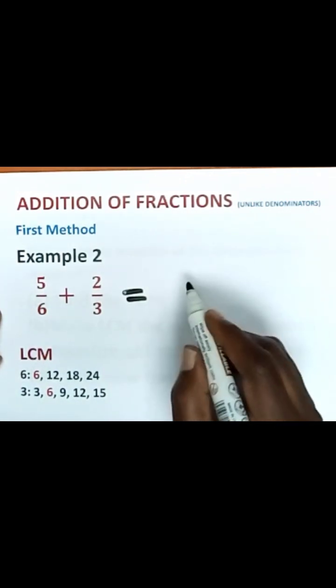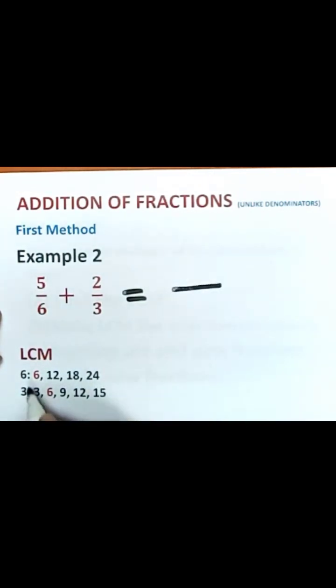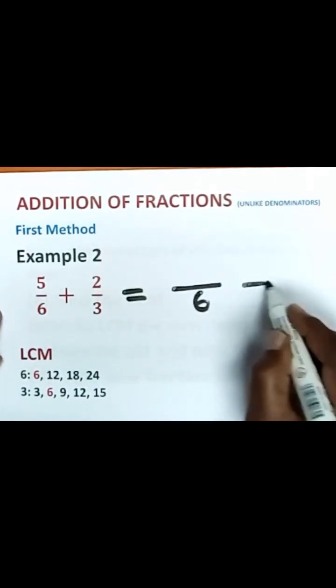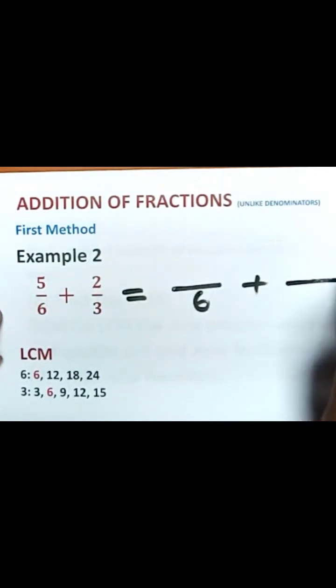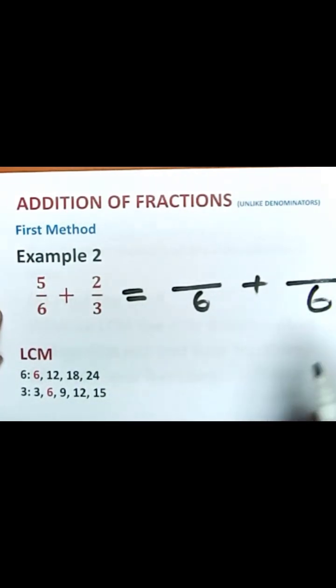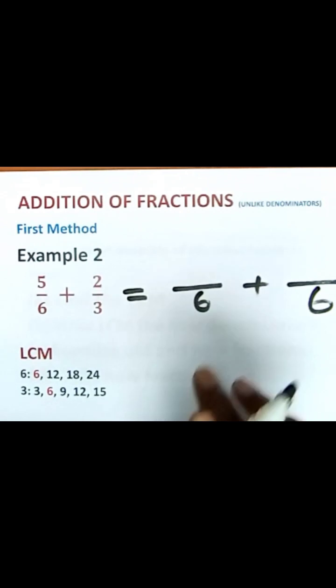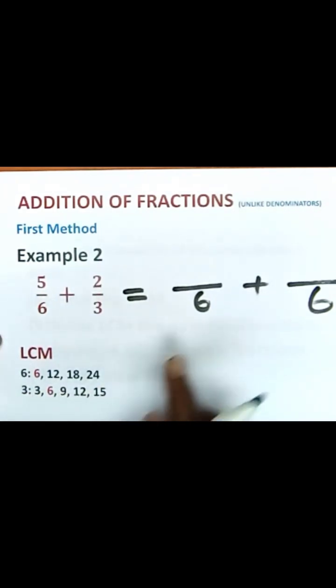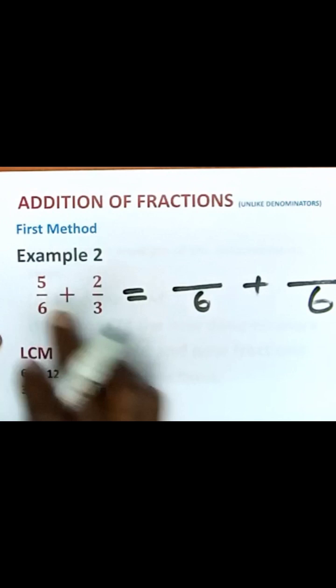So this is going to be something over the common multiple, which is 6, plus something over the common multiple again, which is 6. So what will the numerators be like? Remember what we did the first time? What did we do to 6 to get 6?